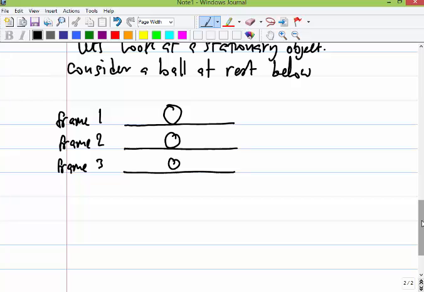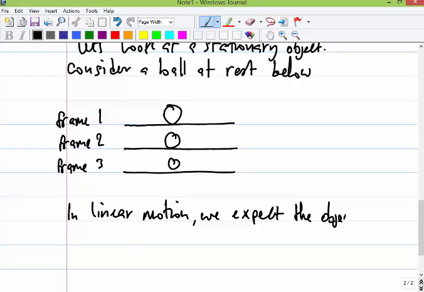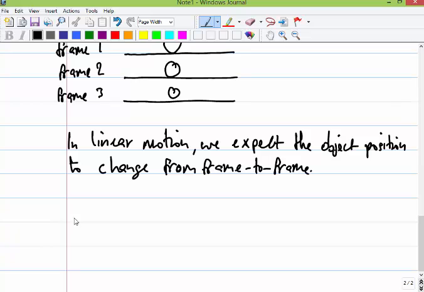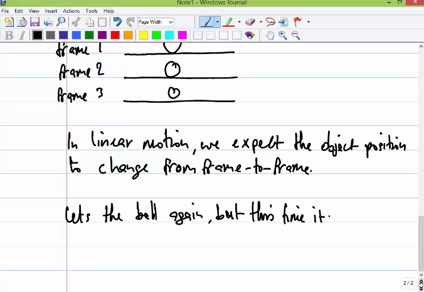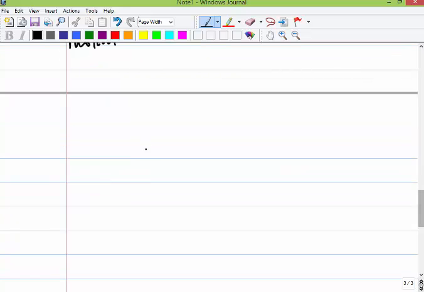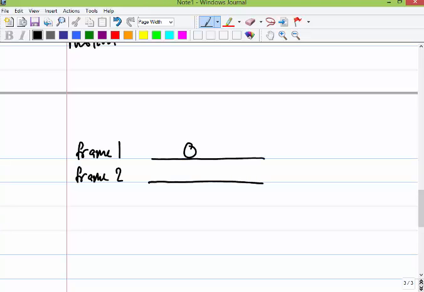Let's look at an object in linear motion. So in linear motion, we expect the object's position to change from frame to frame. Let's consider the ball again, but this time it is in linear motion. You take a ball, first in frame 1. So this is your ball. In frame 2, you do the same thing, but this time the ball is here.